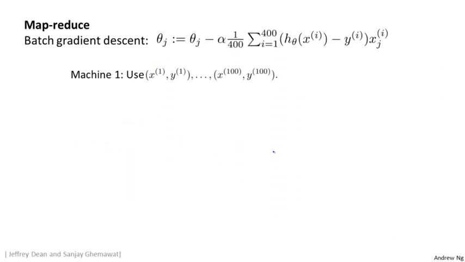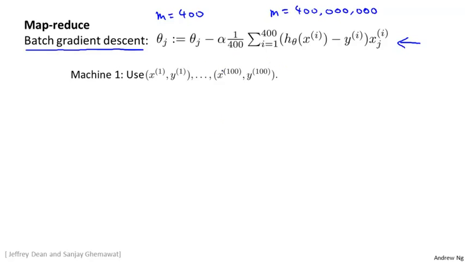Here's the idea. Let's say we want to fit a linear regression model or a logistic regression model or some such, and let's start again with batch gradient descent. So that's our batch gradient descent learning rule. To keep the writing on this slide tractable, I'm going to assume throughout that we have m equals 400 examples. Of course, by our standards, in terms of large-scale machine learning, m might be pretty small, and this might be more commonly applied to problems where you have closer to 400 million examples or some such.